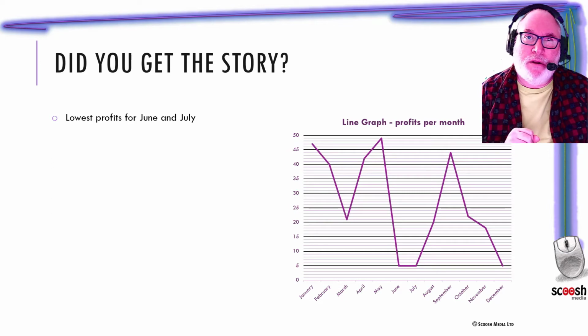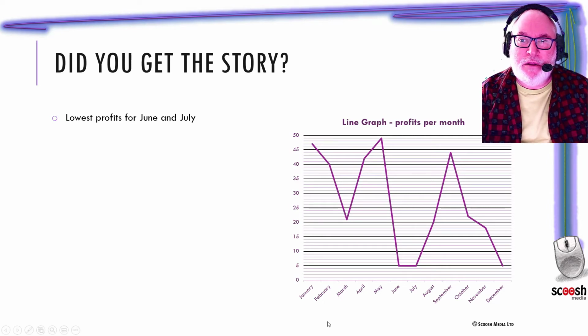The story. Let's have a look at the story. As we can see here, the lowest profits are June and July. June, 5,000. July, 5,000. We can see very quickly that they are the lowest profits. We can also see that December is the same.